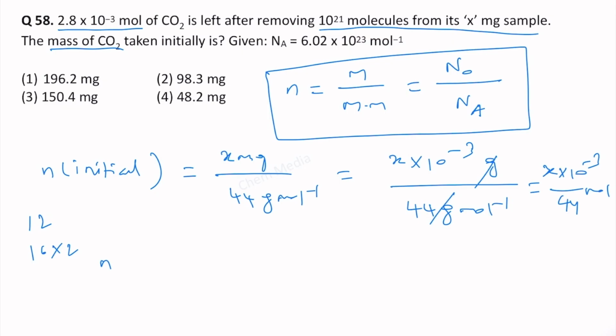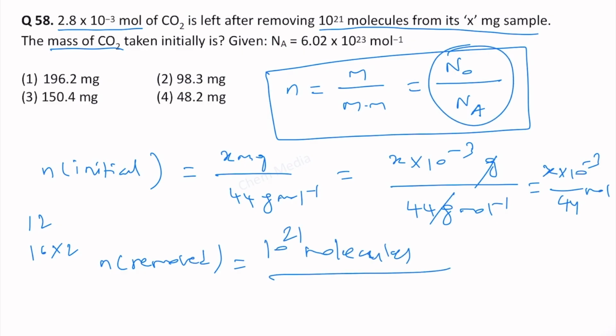Now, what is the number of moles removed? We have removed 10 to the power 21 molecules. In 1 mole, we have Avogadro number of molecules. Therefore, let us use this equation now. So, 10 to the power 21 molecules divided by 6.02 times 10 to the power 23 molecules per mole.